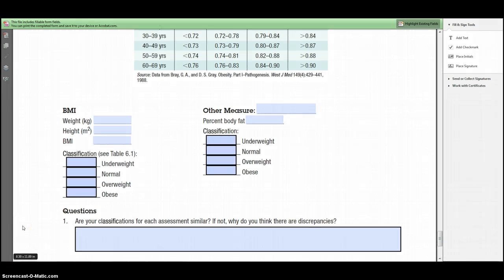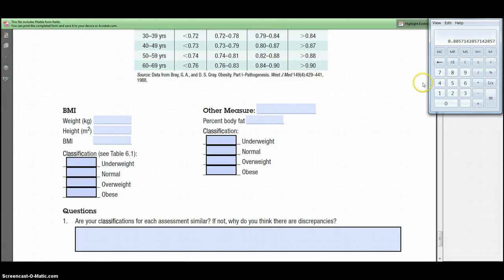Okay, let's go ahead and start on the second part here of 6.1, or actually it's the third part, in calculating our BMI. Again, let's take our piece of scratch paper, calculator, and something to write with. So let me go ahead and clear this here. So I'm going to start off with determining my weight in kilograms. So if I'm 170 pounds, I want to go ahead and divide that by 2.2.